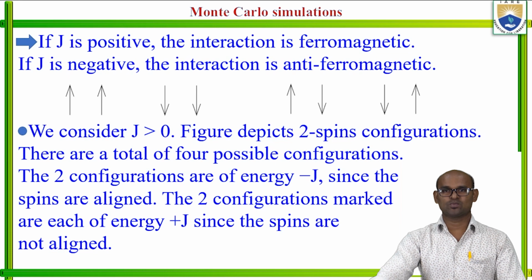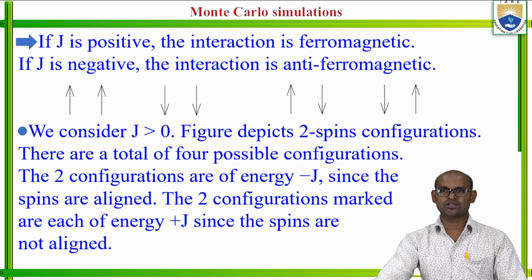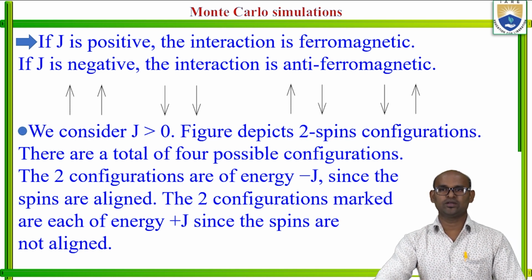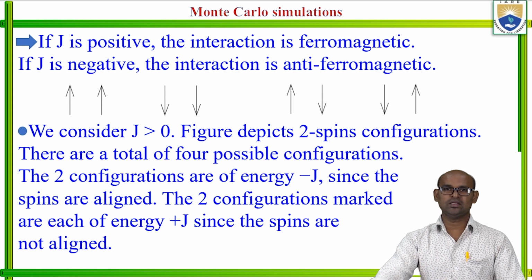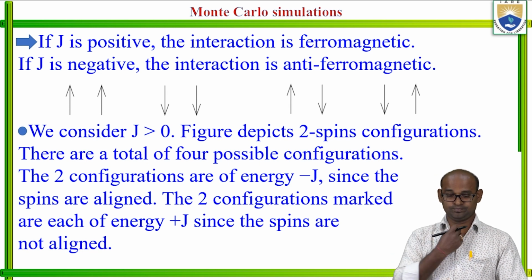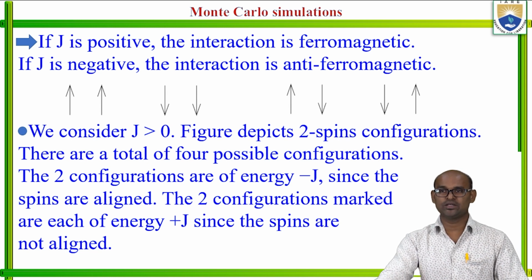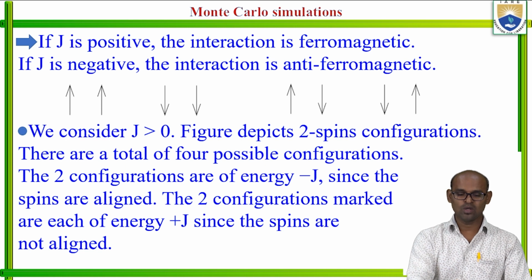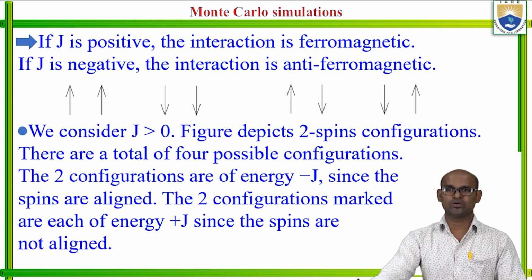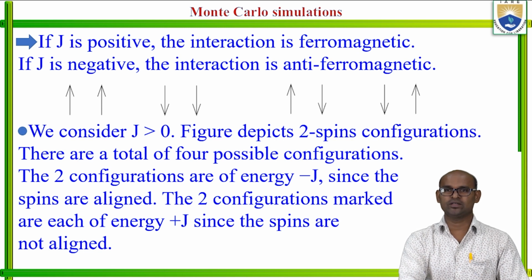If J is positive, the spin-spin interaction is positive, and the interaction is called ferromagnetic. If J is negative, the interaction between the spins is said to be antiferromagnetic. We are going to consider J positive, which is the ferromagnetic interaction.